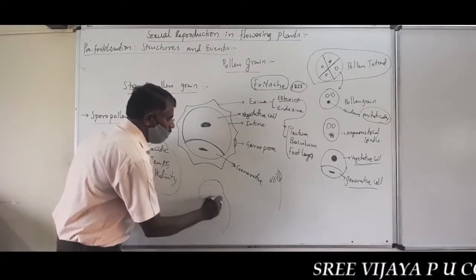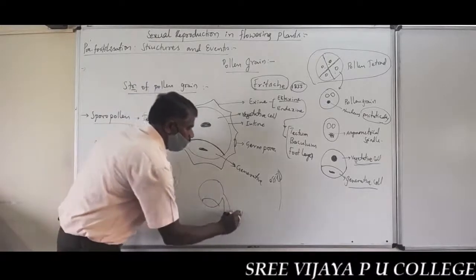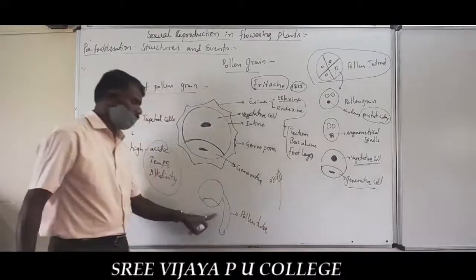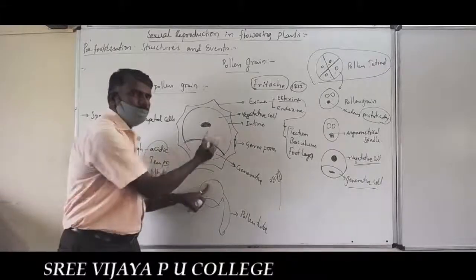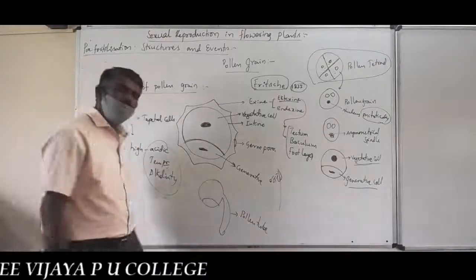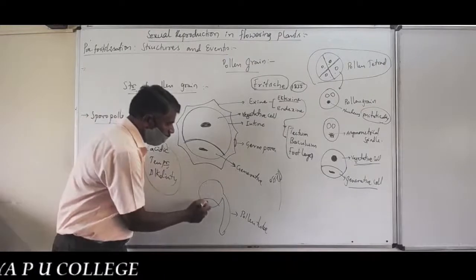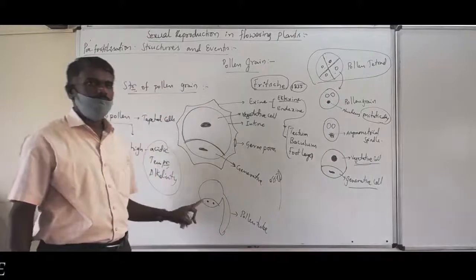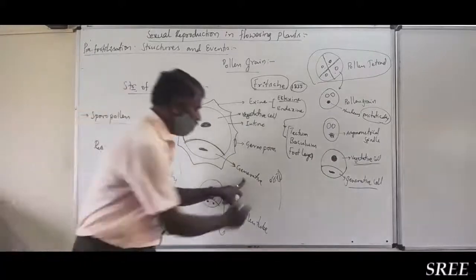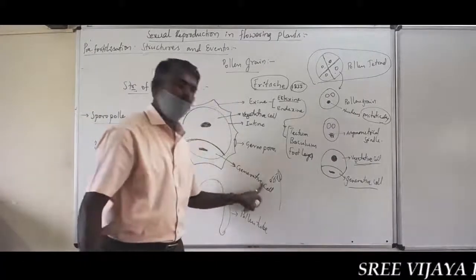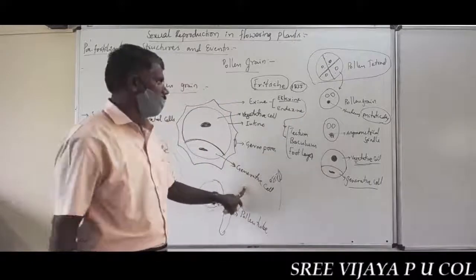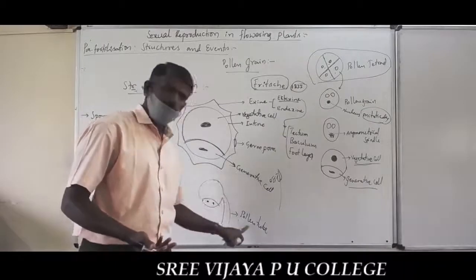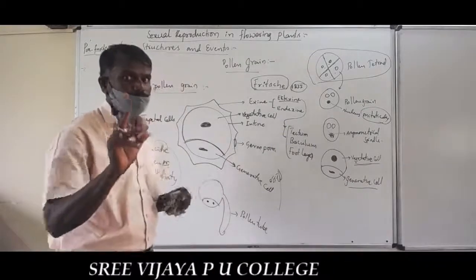The pollen tube is produced by the vegetative cell. The generative cell divides mitotically only to produce two male gametes. The vegetative cell produces the pollen tube at the time of germination.